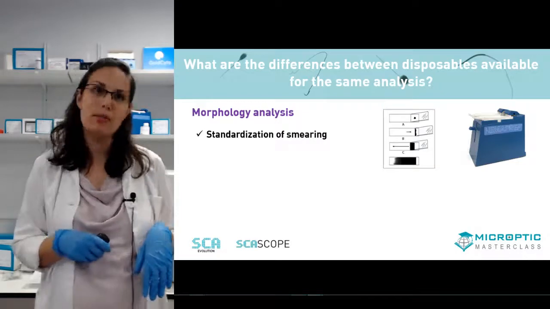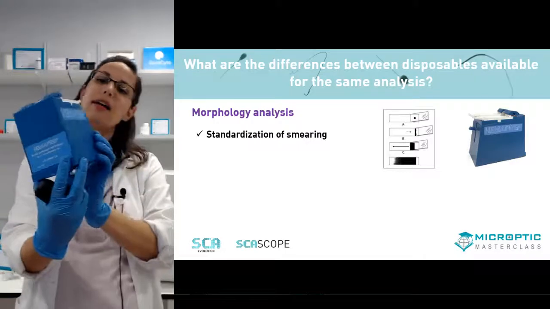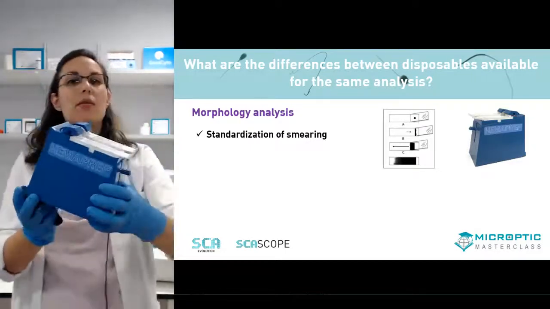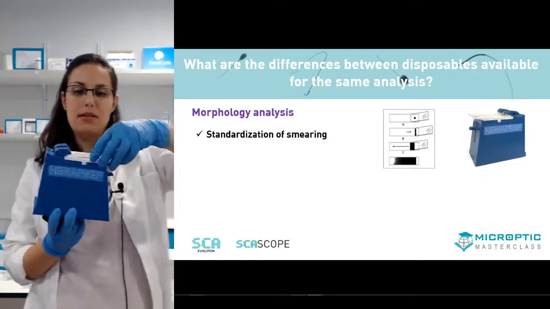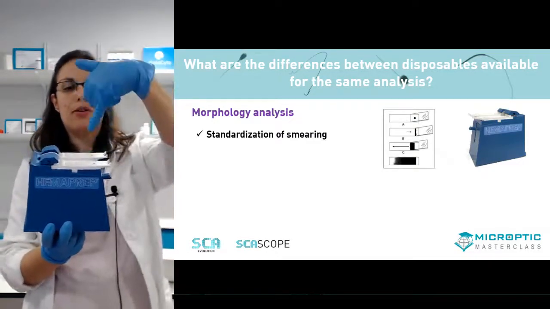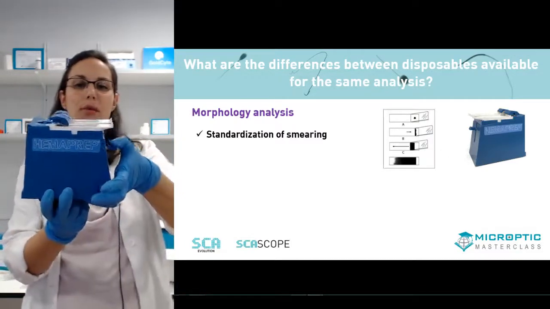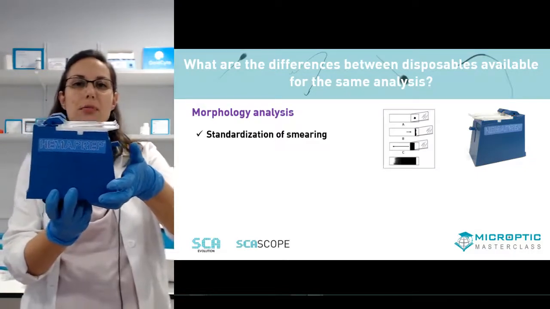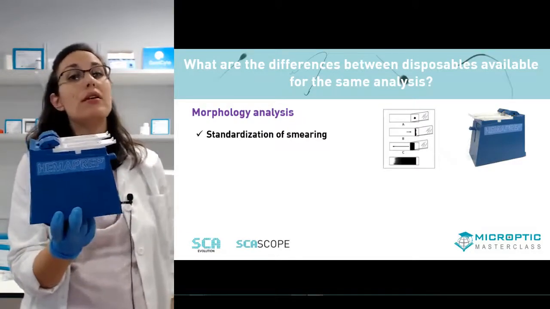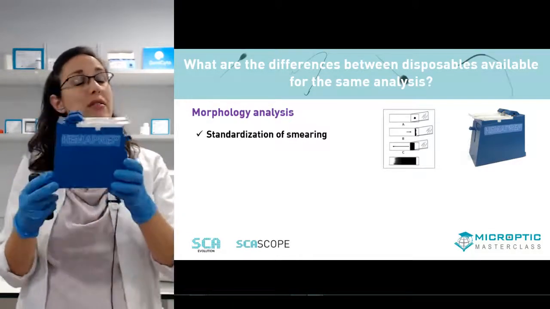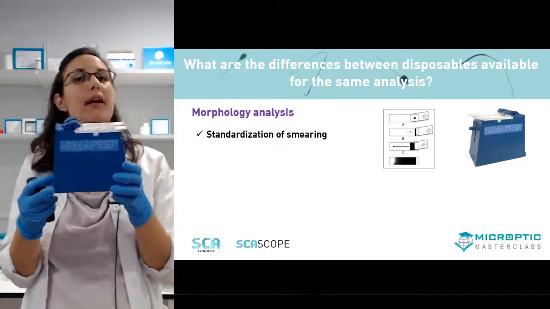This is possible thanks to this type of machine, in which we just put 2 slides here. We put a 10 microliter drop of sample on each slide, and then we just press the lever. This machine automatically spreads the sample following the WHO indication. So this is a very nice option to standardize this procedure and be accredited.